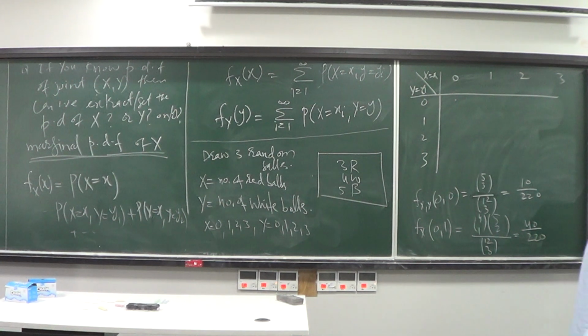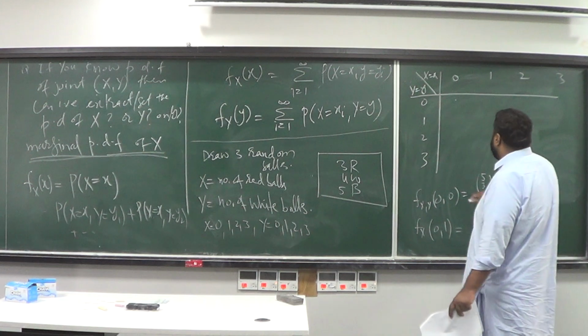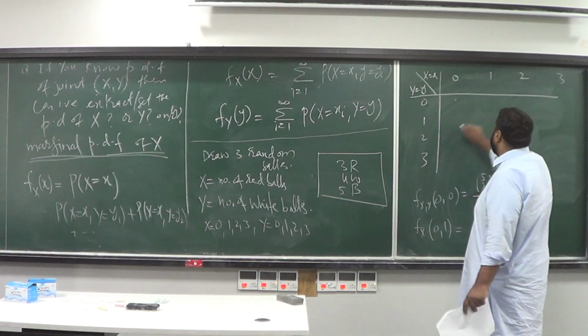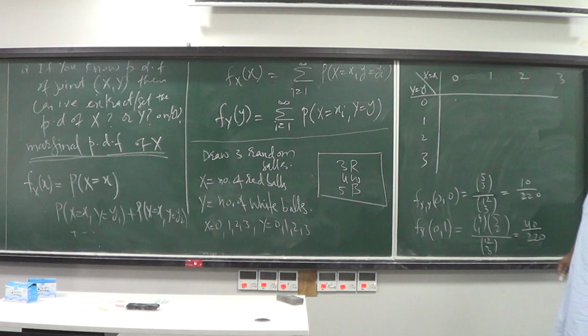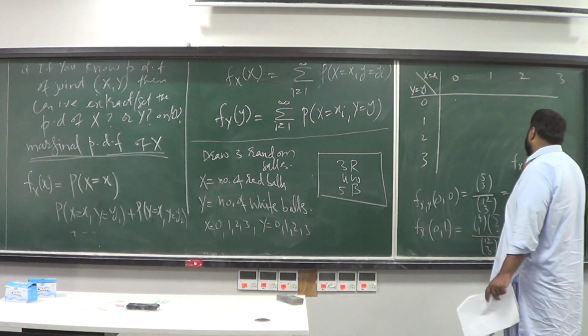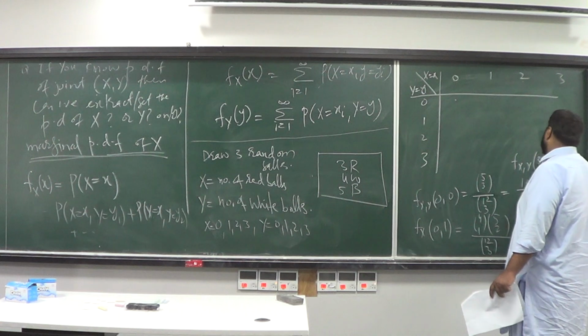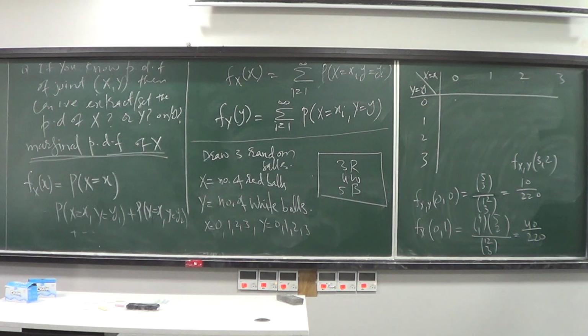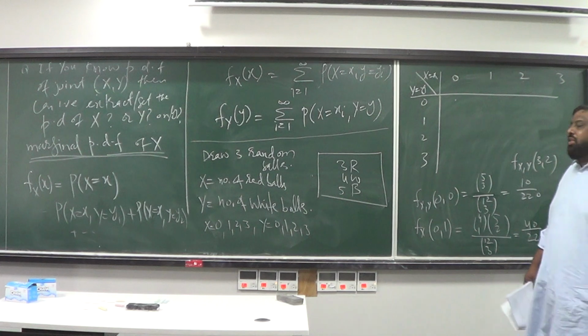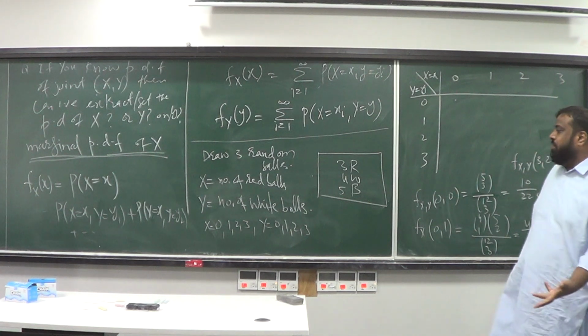We can think of any probability. I can think of, for example, what would be (3,2). What is the probability that 3 balls are red balls and 2 balls are white balls?